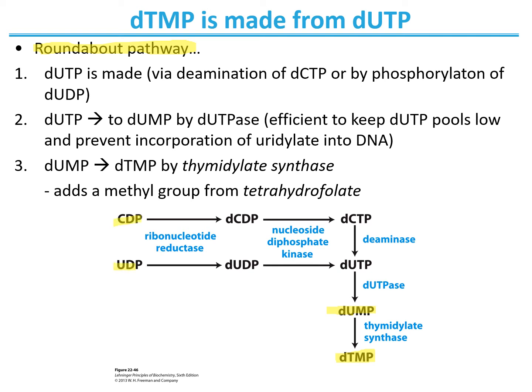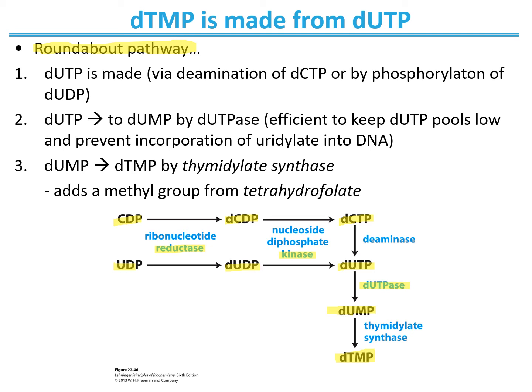First convert it into the deoxy form by the reaction that we just saw in the previous slide by the reductase enzyme, and then a kinase will be used to convert these into the triphosphate form. So dCDP is converted into dCTP, and the deoxy form of UDP is converted into dUTP, the triphosphate form. Then we have to take the phosphates out of it. So dUTP is used to take two phosphates out.